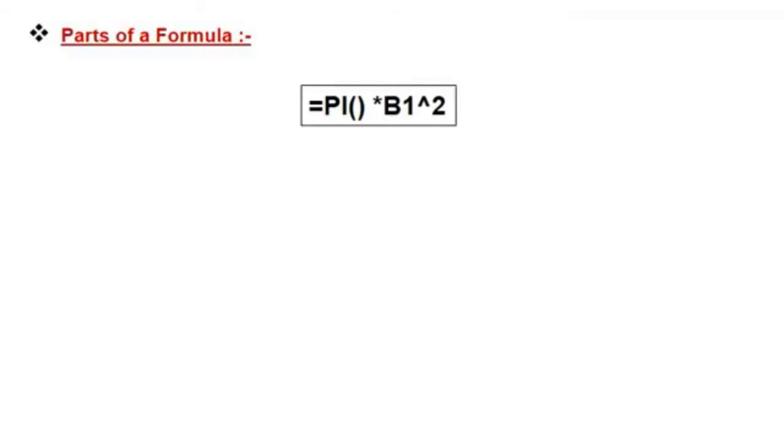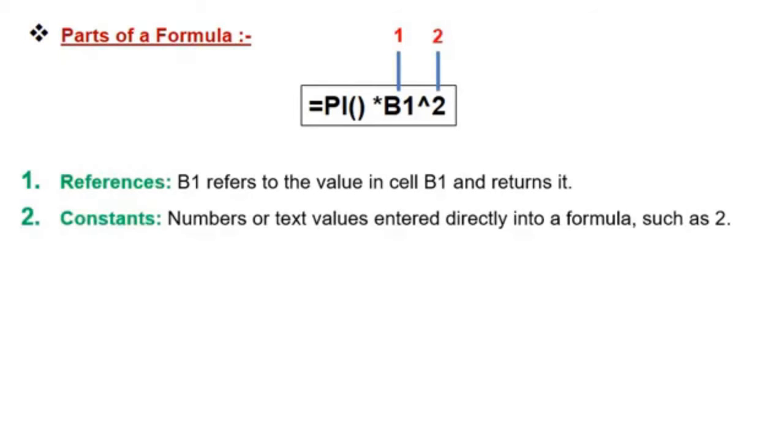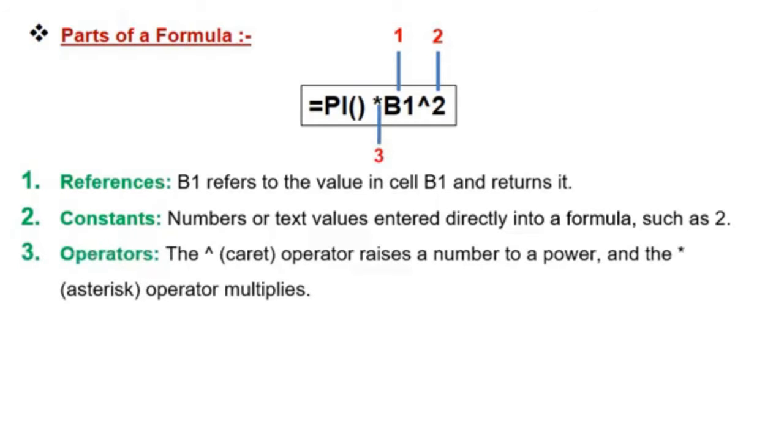A formula has different parts. First is references. B1 refers to the value in cell B1 and returns it. Second is constants. Numbers or text values entered directly into a formula, such as 2. Third is operators.